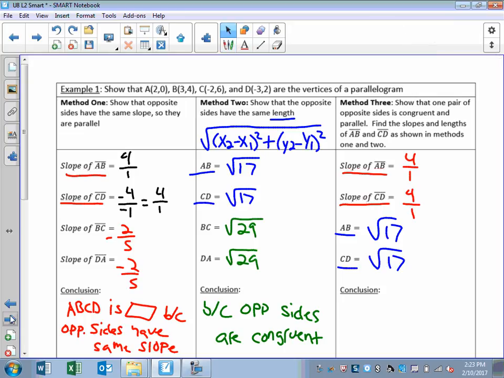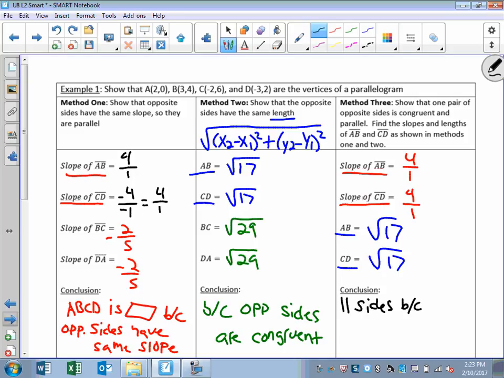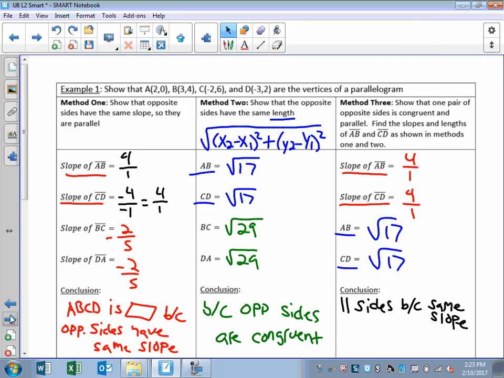So the conclusion here is that we have parallel sides because of slope. So parallel sides because same slope for 1. And then for 2, we have a pair of opposite sides are congruent.